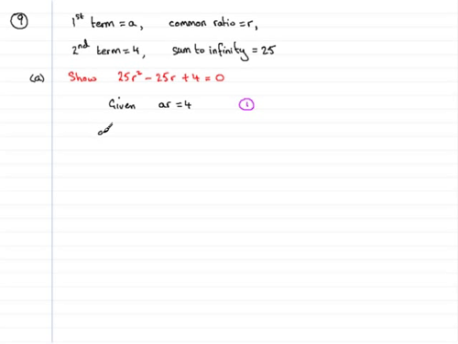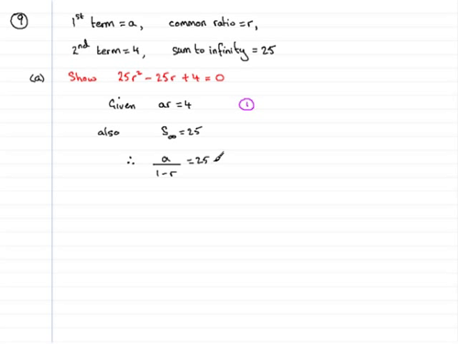Also, I'm given that the sum to infinity is 25, so we tend to write that as S infinity for short, and that equals 25. Now the sum to infinity for a geometric series is given as a, the first term, all divided by 1 minus r, and that will equal the 25.